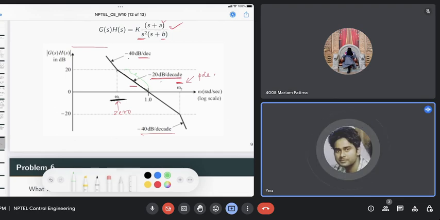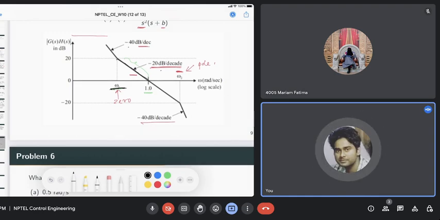And if we know the slope and these 2 points, then we can just write the slope also like this, right? One thing to note, this is a log scale, so all these values will be in the log of that frequency, right? So this point will correspond to the log of omega 1, this will correspond to the log of 1, right? Because this is a log scale. So these values are in the log format, and this slope is minus 20 dB per decade.